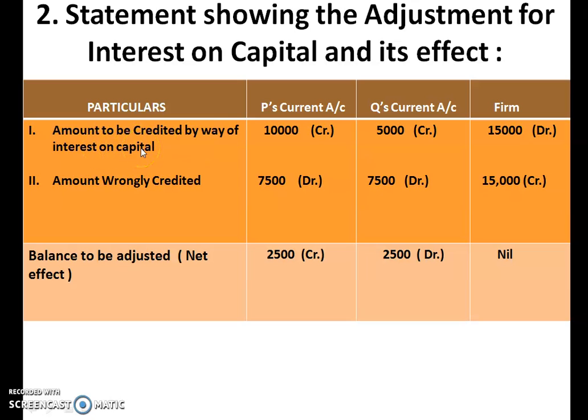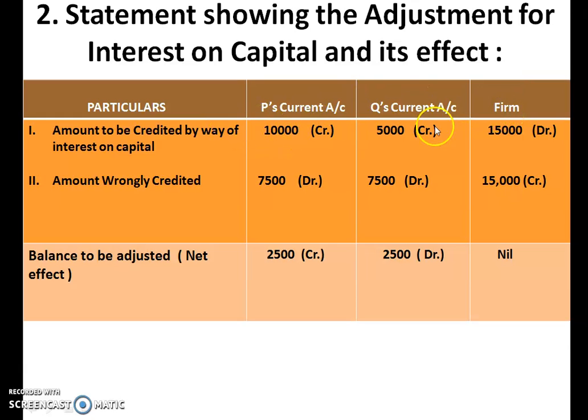So how much interest on capital are we supposed to give to P? It is 10,000. As per our first working note, we received 10,000 which should have been credited to partner P. And for Q it is 5,000. This is also to be credited to Q. And the total of 15,000 is a loss for the firm. So we are supposed to debit this 15,000 from the firm.